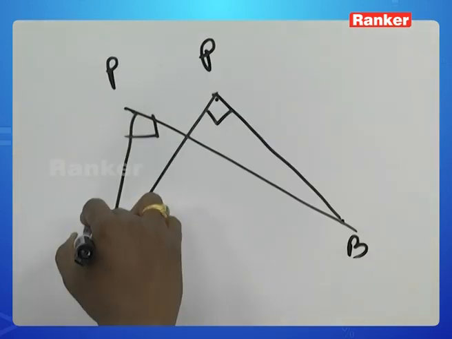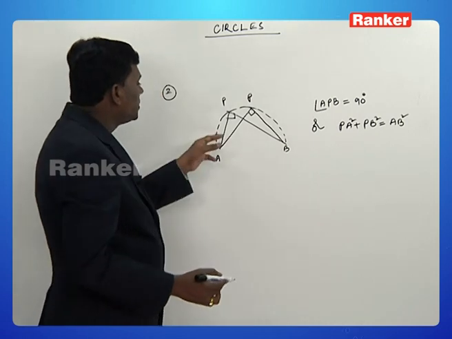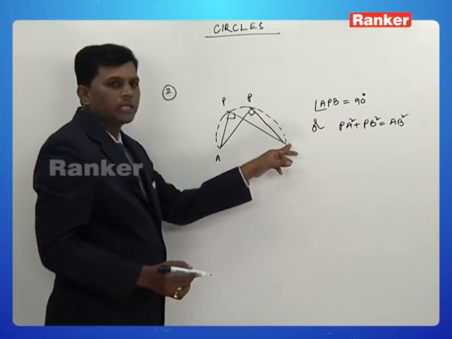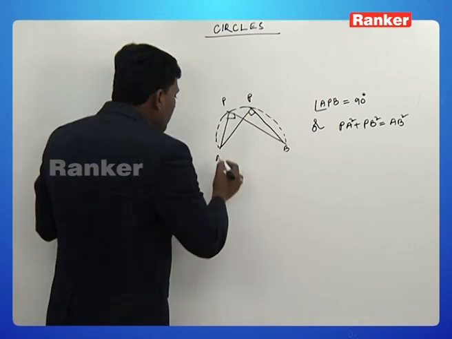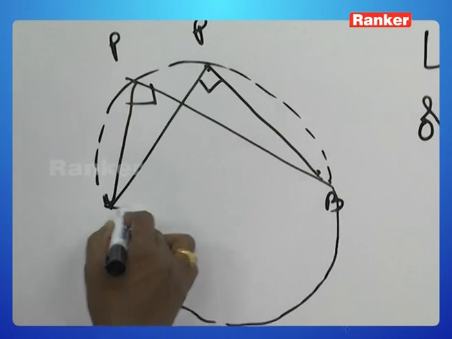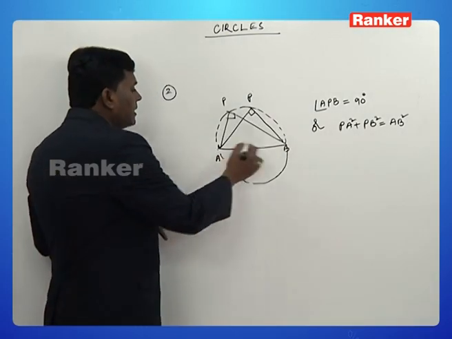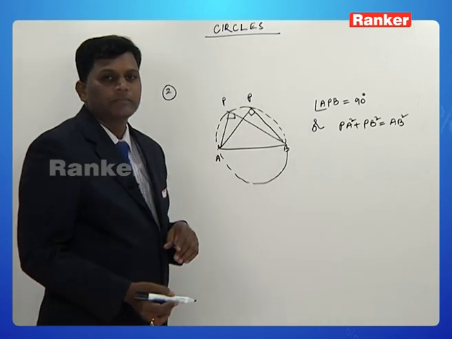That is why definitely it should be an angle in a semicircle. So P is simply forming a semicircle. In a very similar way, on the other side also, if you extend this, you get a circle, the locus as a circle with AB as a diameter.